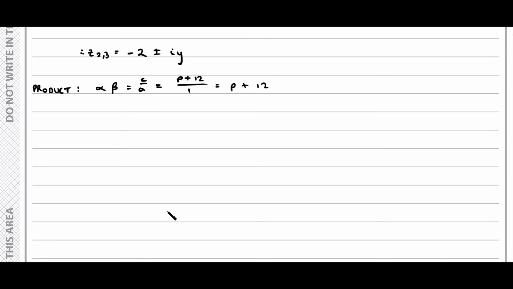So it would help now if we draw our roots on an Argand diagram. So this is where the complication lies.